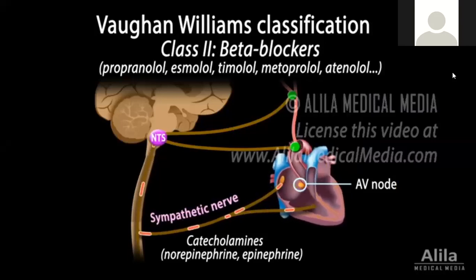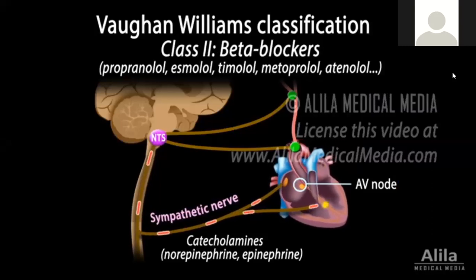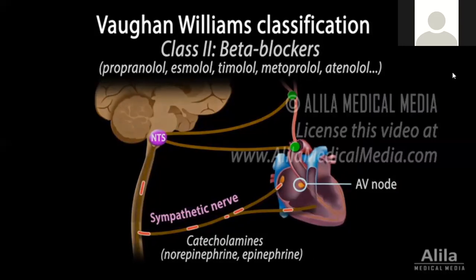Beta blockers suppress sympathetic effects, thereby decreasing heart rate and slowing conduction through the AV node. The latter is particularly useful in treatment of tachycardias that originate upstream of the AV node, known as supraventricular tachycardias, or SVT. Note, however, that beta blocker treatment may cause AV blocks.